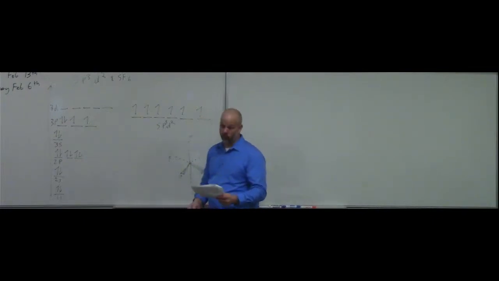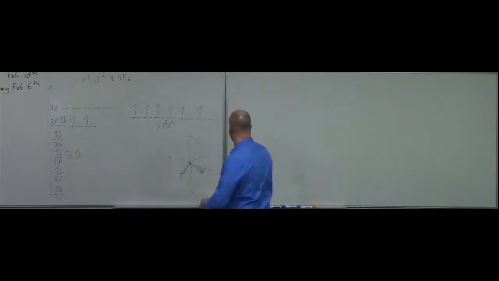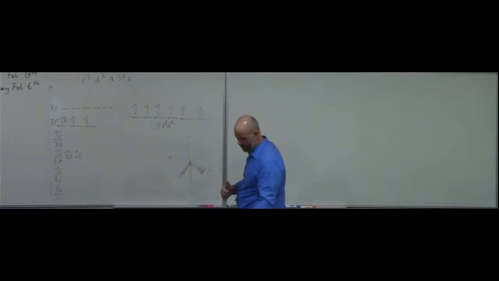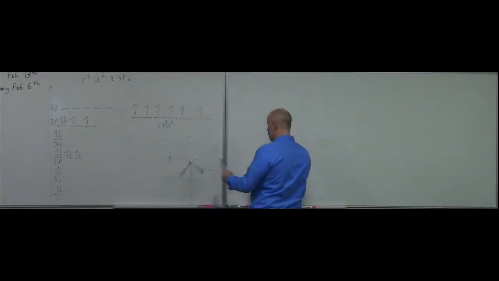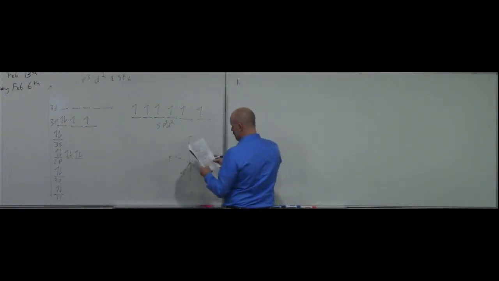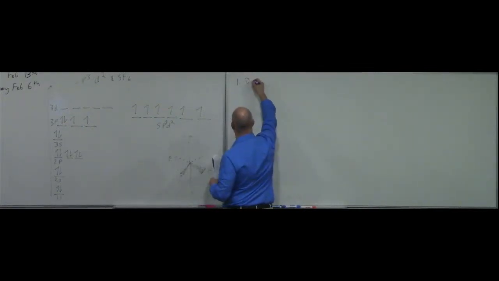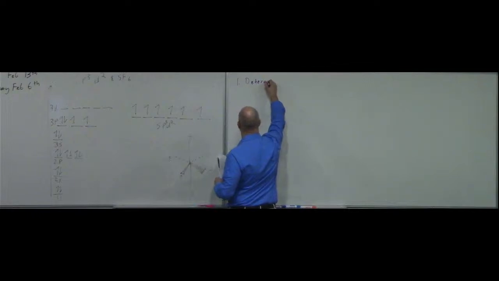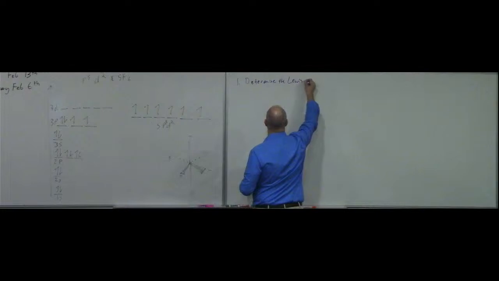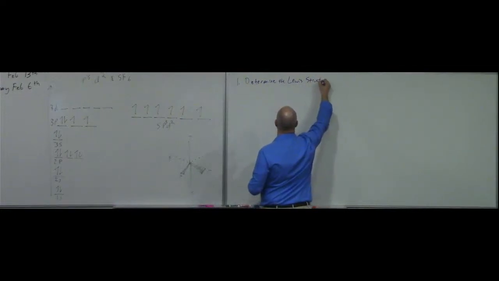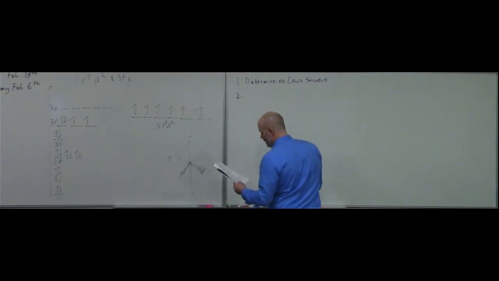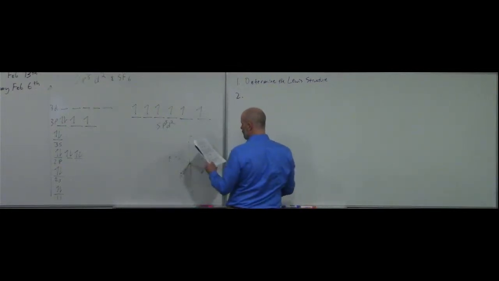So it gives you some rules for doing these, okay? Let me switch to a different marker because the black ones are just dead on me. All right, so number 1, determine the Lewis structure. Number 2, determine the regions.